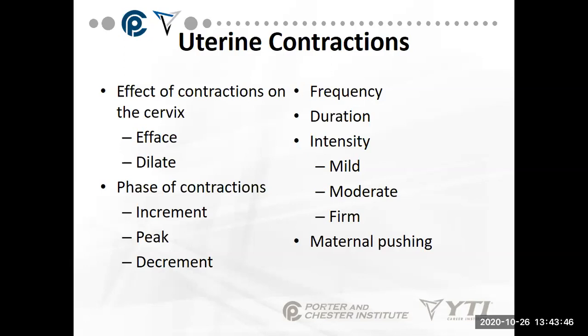Before labor begins, the cervix is a tubular structure, which you've seen how the cervix looks, about 2 to 3.8 centimeters long. The contractions begin to simultaneously push the fetus downward as they pull the cervix upward.